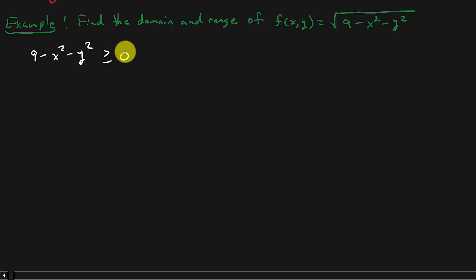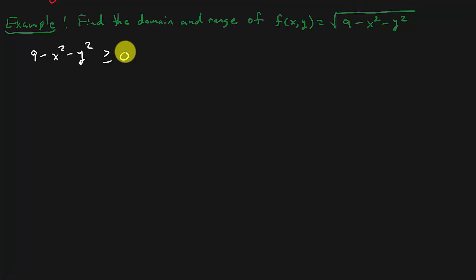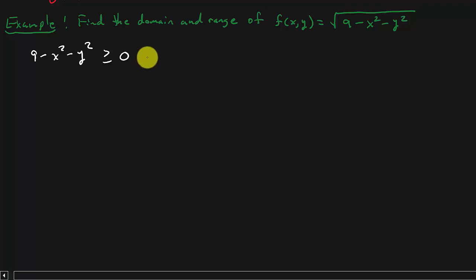That's fine writing it like that, but let's write it a little better, maybe something that we can recognize better. We'll write it like this: x squared plus y squared is less than or equal to 9.